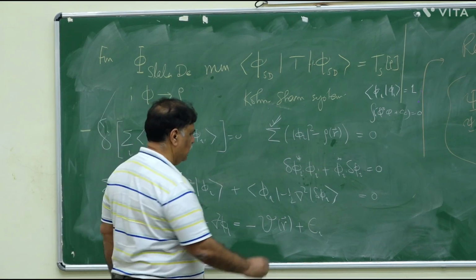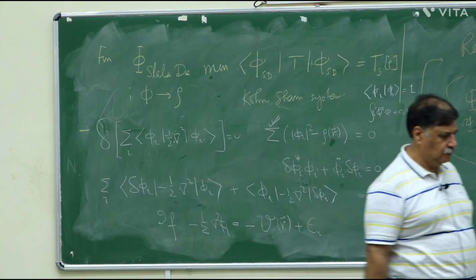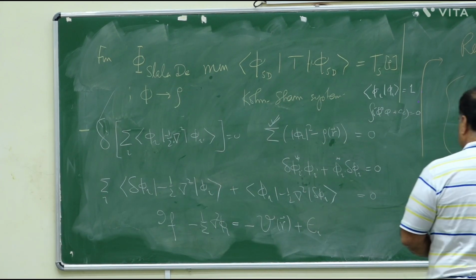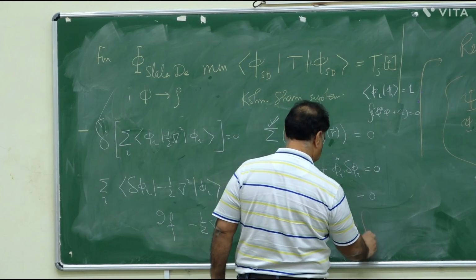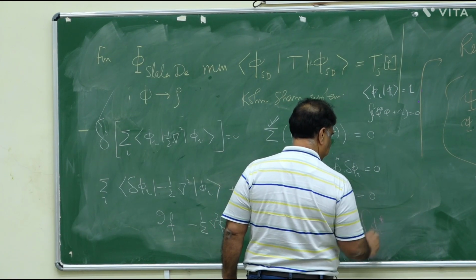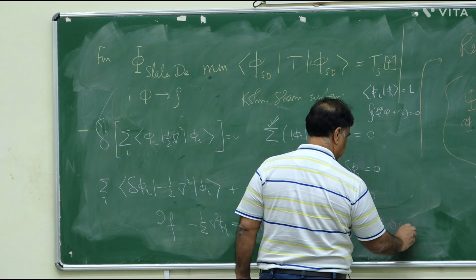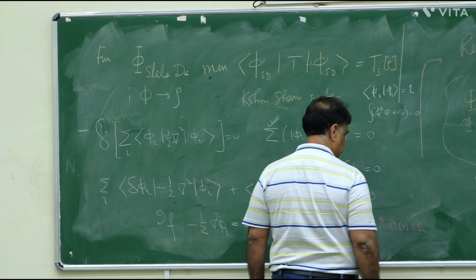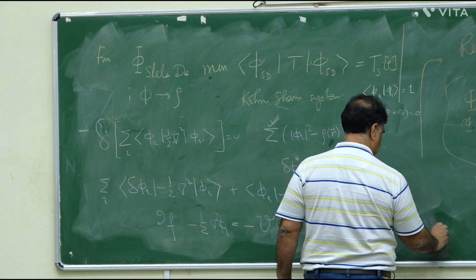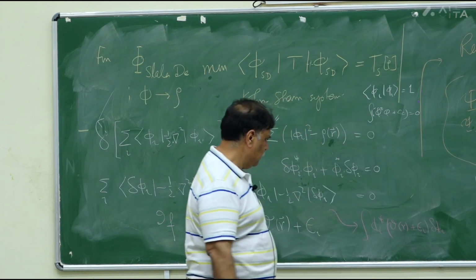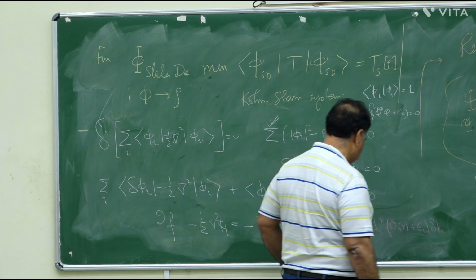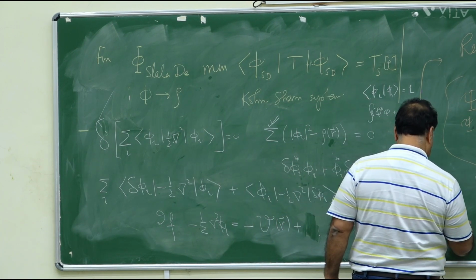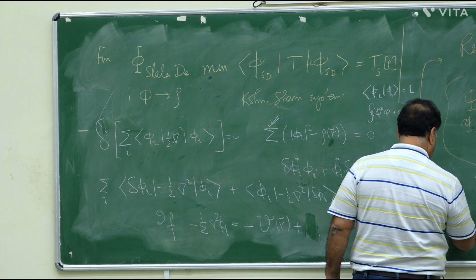This will become the integral of phi i star, V of r plus epsilon i, delta phi i. Right now, some constant, let's leave this, this is for normalization, plus the complex conjugate.